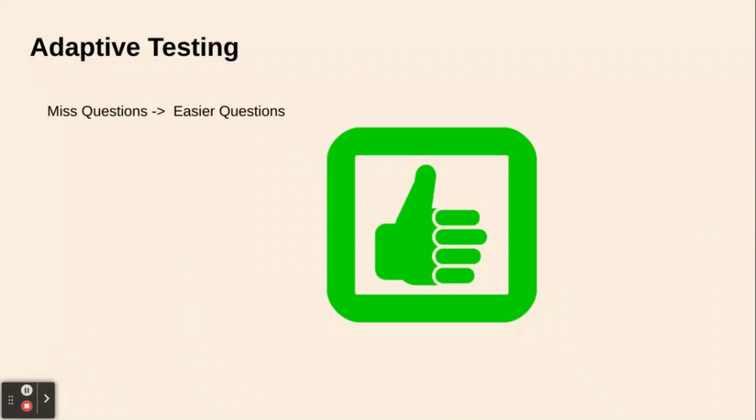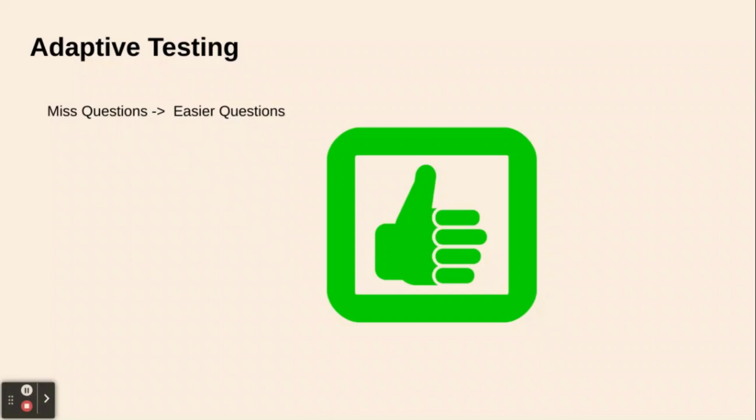Adaptive testing means that if you're taking this test and you start missing several questions in a row, or let's say you're missing 6 out of the last 10 questions, the program is going to then give you easier questions.